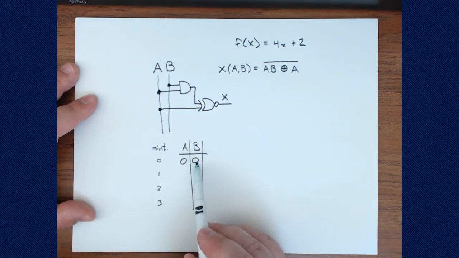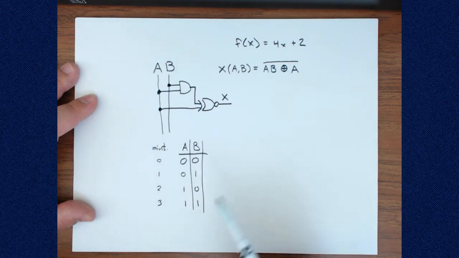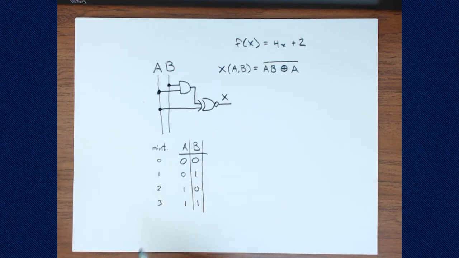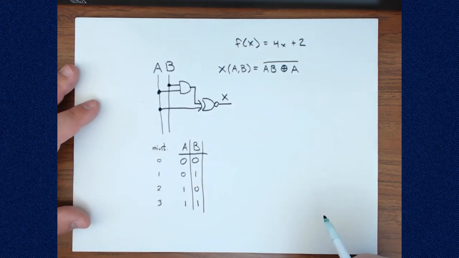And the 2 bits of input are going to be used to create the unsigned versions of these numbers. So 0, 0, 0, 1, 1, 0, 1, 1. That will always get us in the order I prefer. So all zeros at the top, highest value, all ones at the bottom, and everything else is in numeric order.